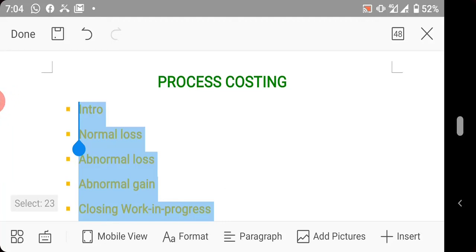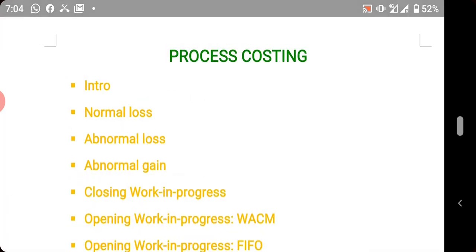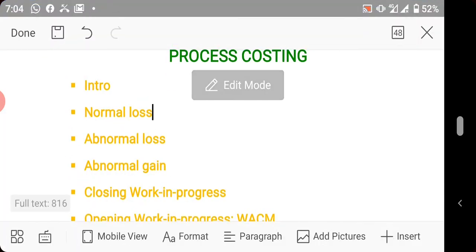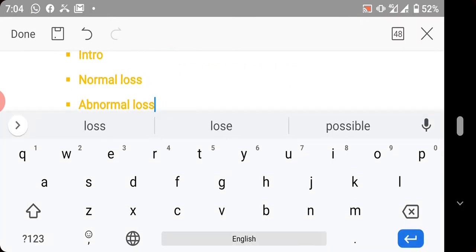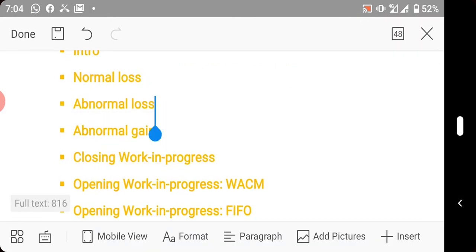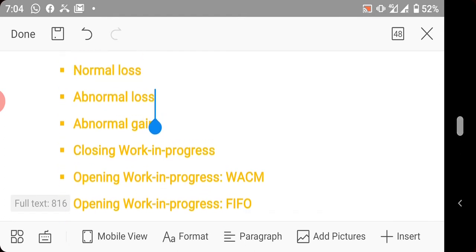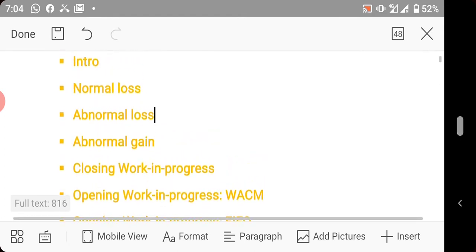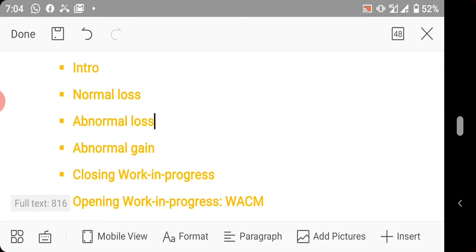Today we are going to be discussing process costing as it relates to accountants. Now, oftentimes when we talk about process costing, we are actually looking at that method of costing that is used to determine the cost of a product whose production is continuous and repetitive in nature.